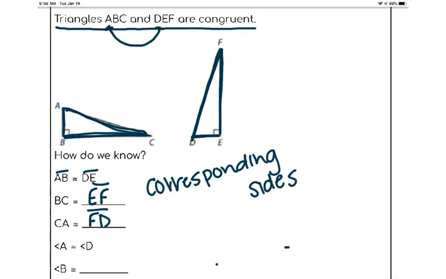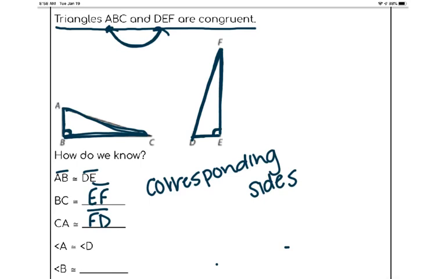Now let's talk about the angles. Like I said before, you can already tell which angles are going to be congruent based on the way the triangles are named. So angle A is congruent to angle D. B on ABC is a right angle, so the right angle over here is the corresponding angle.